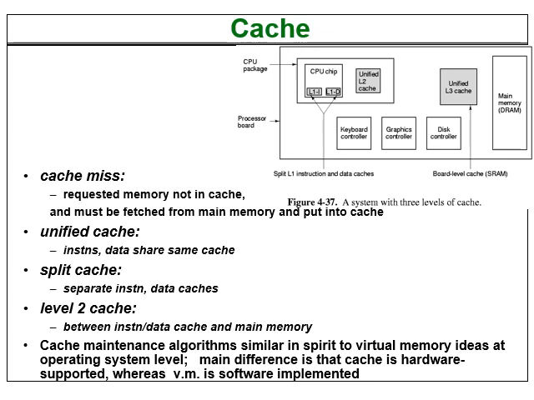Now, we may have a unified cache or a split cache. A unified cache is where the instructions and data share the same cache. Split cache means we can have a separate cache for instructions and a separate cache for data. Now, there are different types of caches like level 1 cache, level 2 cache, and so on. Level 1 cache is present on the CPU chip.